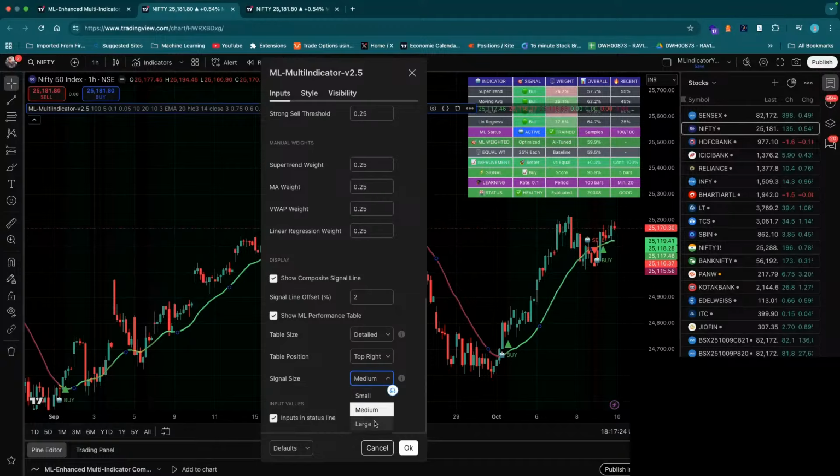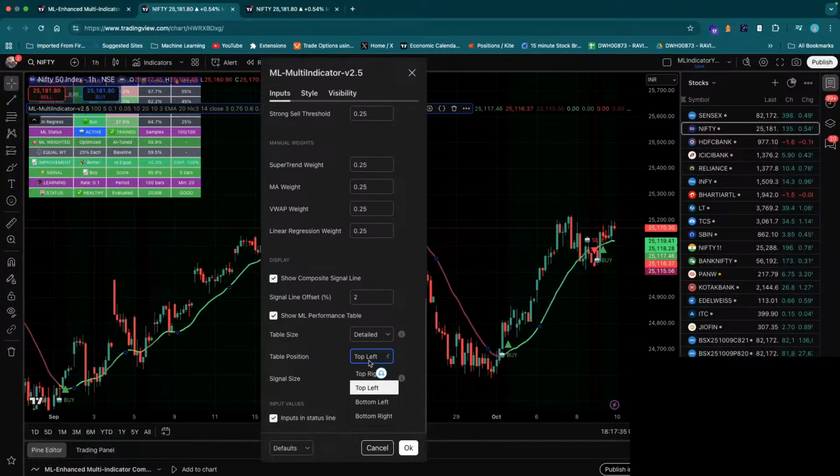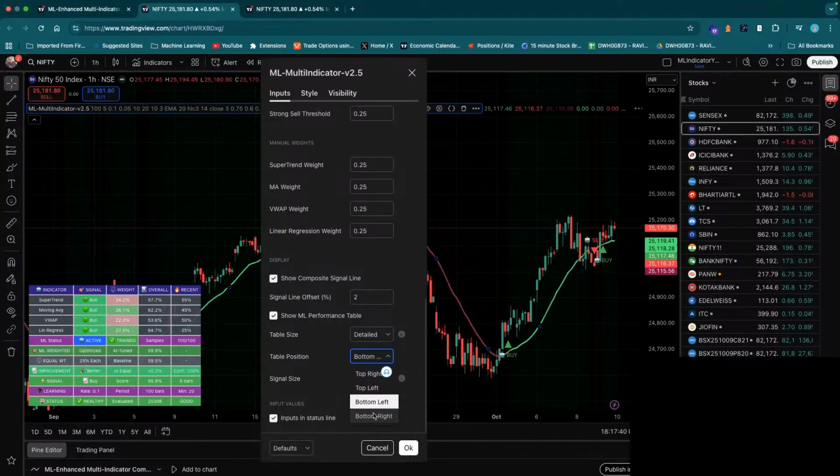That's all. And then we have the large as well. So for this session, we'll probably keep it as medium. And then you also have an option to change the table position. So this is top left, and then you can also do bottom left, and then bottom right as well.